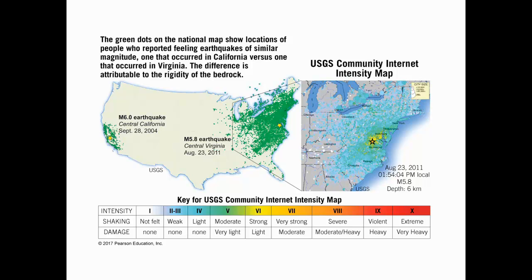And again, this just demonstrates how the underlying bedrock or substrate has a lot to do with whether or not people feel the earthquake, at what distance, and how much damage is done. There are a lot of different factors that go into that. Any questions on this? Okay.